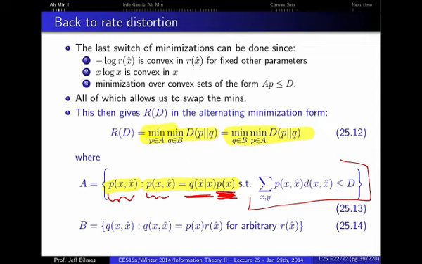Secondly, set B is written in the same form. It's again a set defined by joint distributions over x and x hat. This joint distribution must be factorizable, again with P fixed, but R is what we vary.